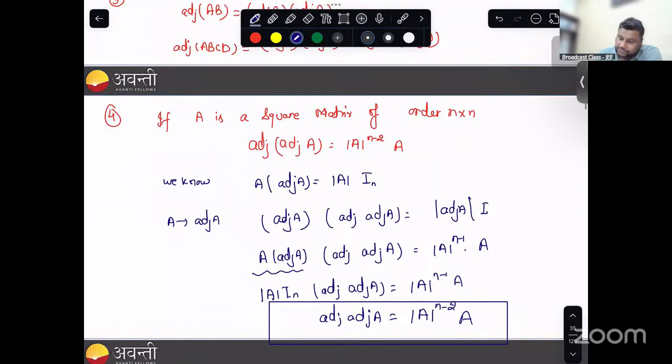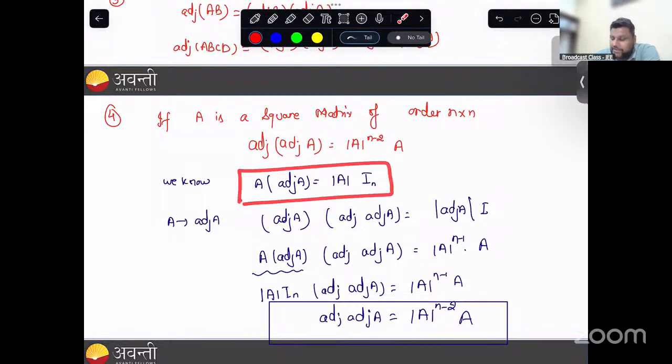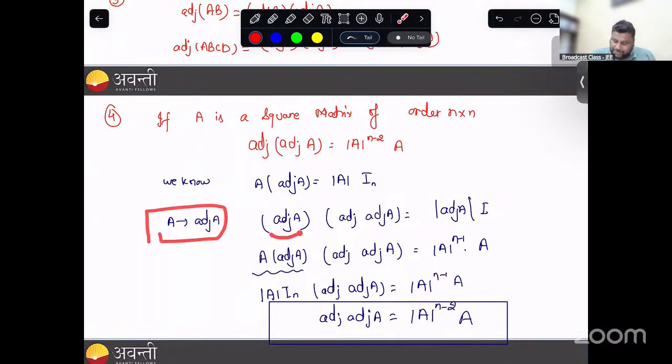Once again, all right. This is the property that we are already aware of. A into adjoint A is determinant A to the power n. Now you replace A by adjoint A. So this will be adjoint A, this will be adjoint of adjoint A, this will be determinant of adjoint A, and this In is as it is. So now I pre-multiply by A. So it will become A into adjoint A, this one.